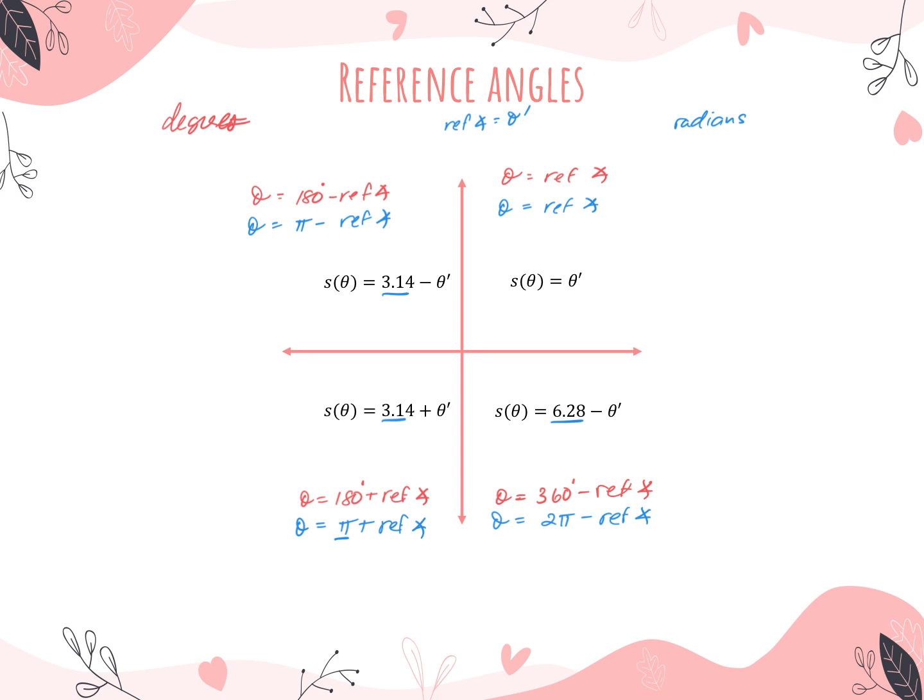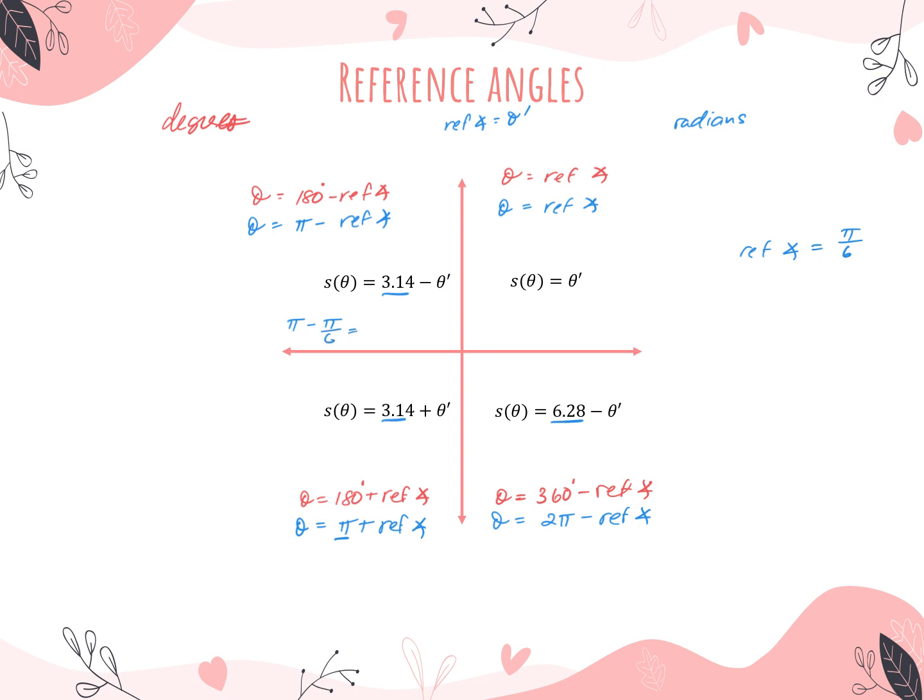So for example, if I know that my reference angle is 30 degrees, which is equivalent to pi over 6, and I want to know what is that angle in each quadrant, in quadrant 2 it's going to be pi minus pi over 6.